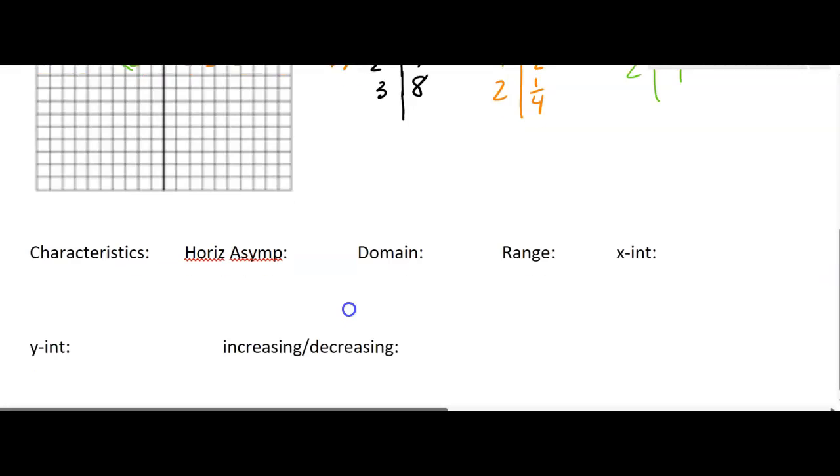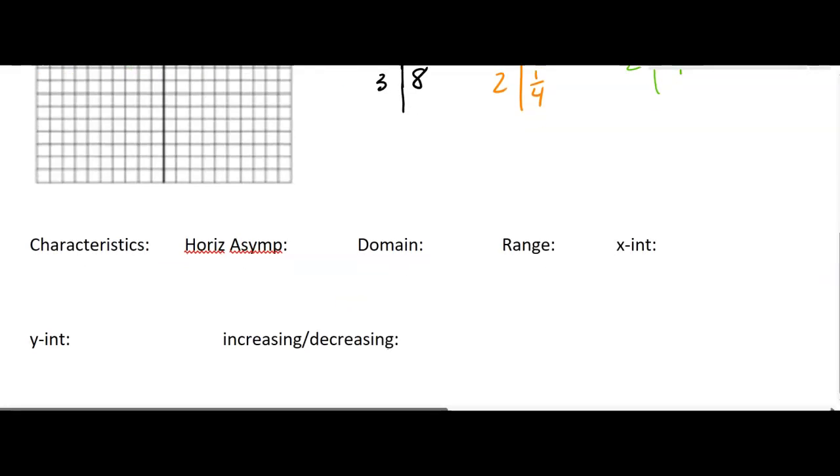Okay, so characteristics. All of these have horizontal asymptotes at y equals x. So for all three of those functions, the horizontal asymptote was y equals x, sorry. Y equals 0, that's what I meant to say.